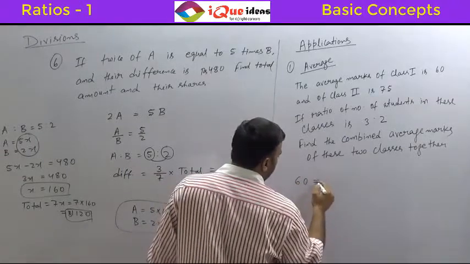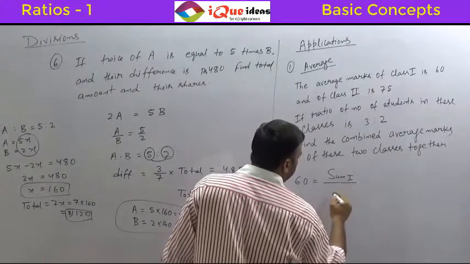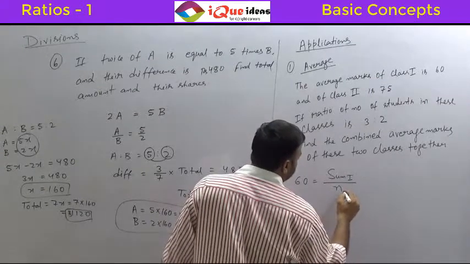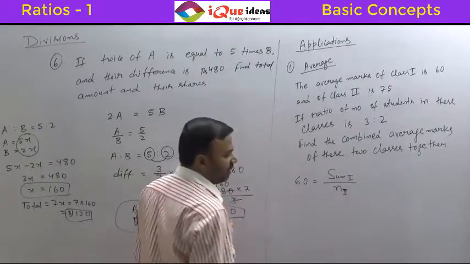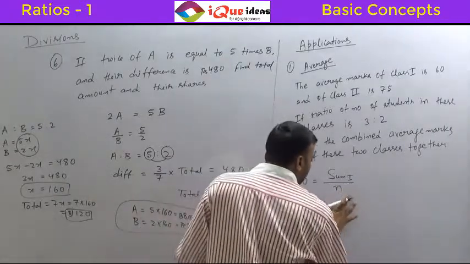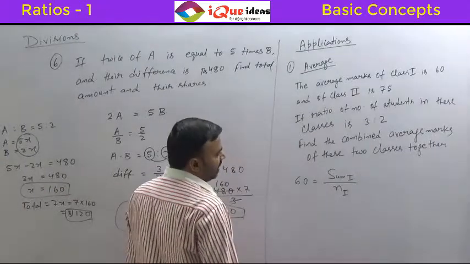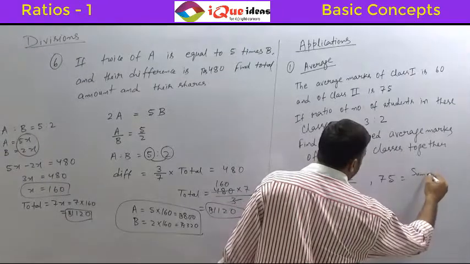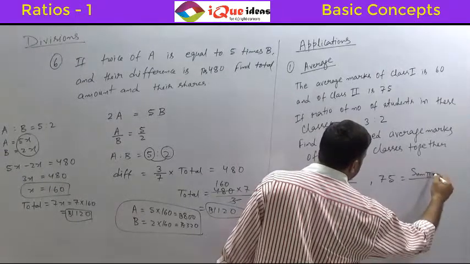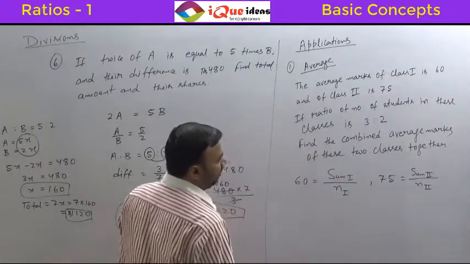The 60 must have been equal to the sum of marks in class 1 divided by the number of students in class 1. Okay, this must have been the way to calculate 60, right? But we don't need to get into this detail. Similarly, the 75 must have been calculated as the sum of the second class divided by the number of students in the second class. This must have been the way.